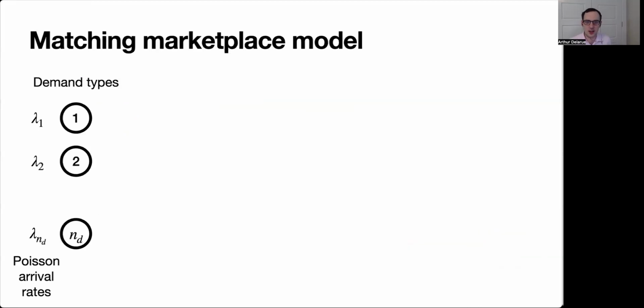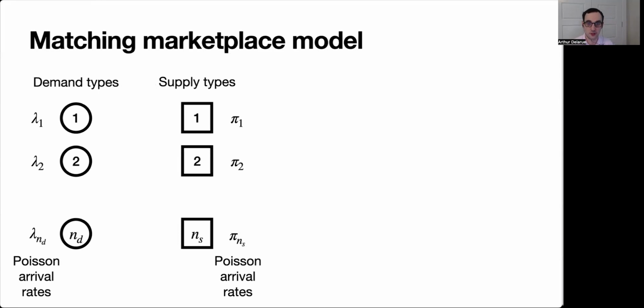In order to model this, we want to work on a really simple matching marketplace. What does a matching marketplace look like? In our model, we're going to have some demand types, a finite number, ND. And there's going to be a Poisson process that determines the number of arrivals of each type.